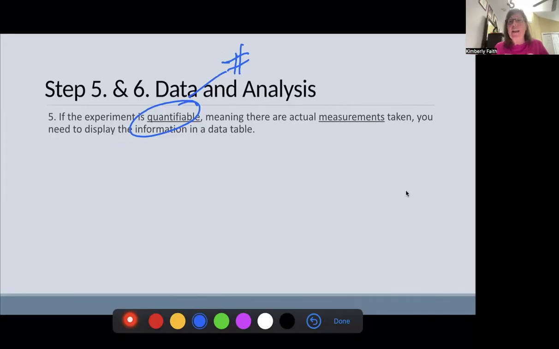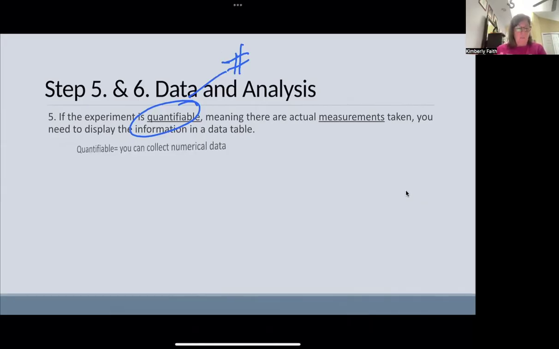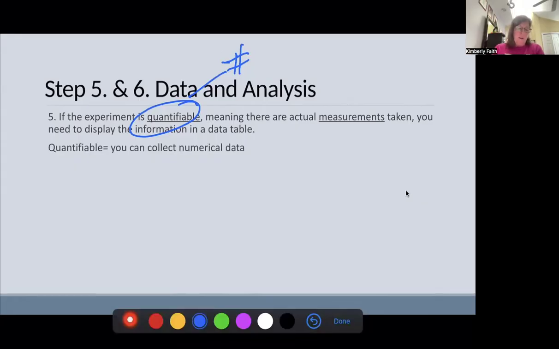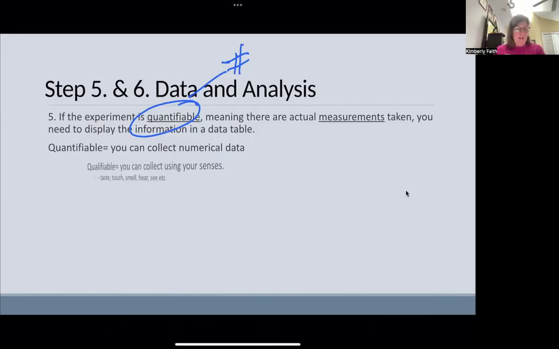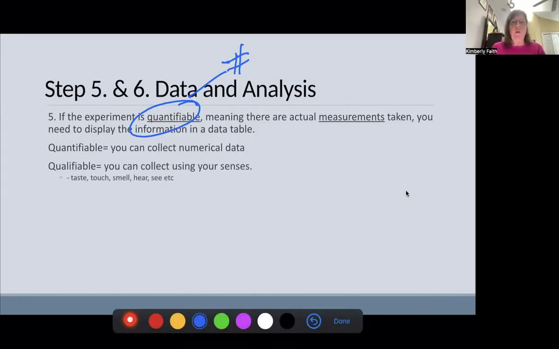Versus like art. Maybe your art teacher doesn't like your style of painting, and they give you a lower grade. Okay, that would be something that we call qualifiable. So quantifiable, you collect numbers, and then we have qualifiable, and that's where you're making observations based on taste, touch, smell, hearing, etc., your senses. So in this case, with the art teacher, they're using their eyes, right?